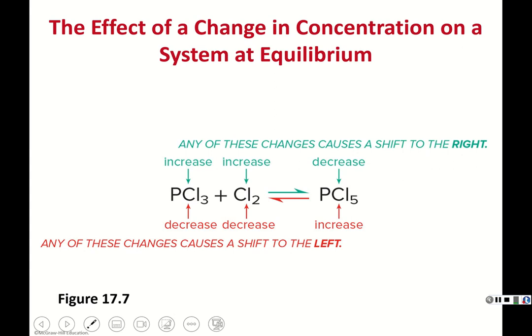Okay, if we perturb it in that way, it's going to respond by pushing the reaction towards the right here. And vice versa, the opposite. If we decrease either of these two or increase this one, the shift in equilibrium or the shift in the reaction will go to the left.